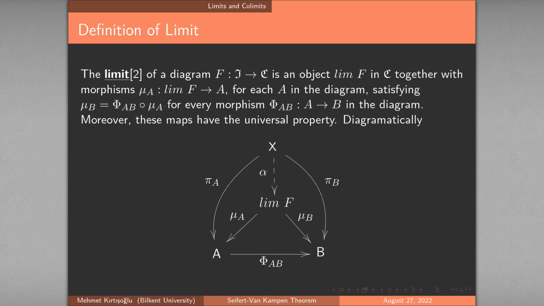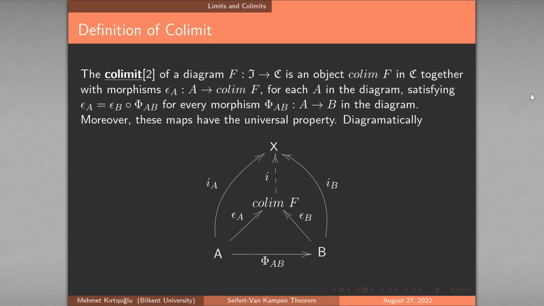And all of these triangles are commutative. The definition of the colimit is similar, you just reverse the direction of the arrows. Now you are getting a cone over the diagram.